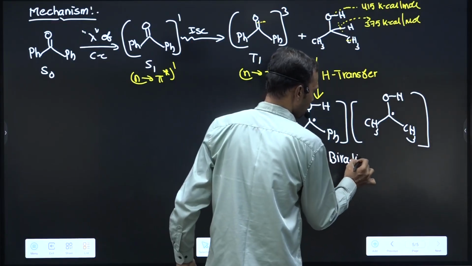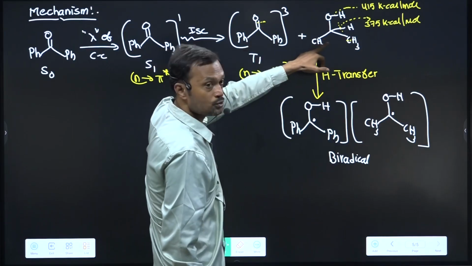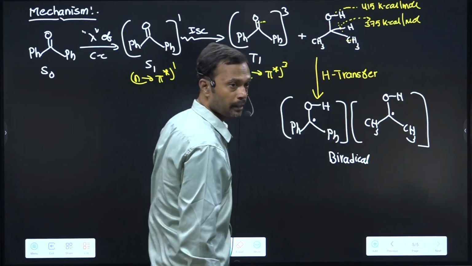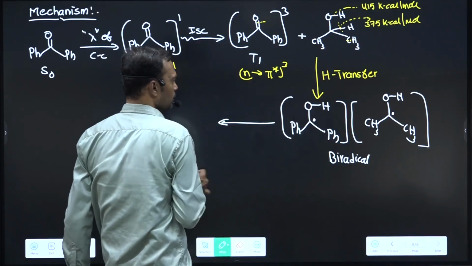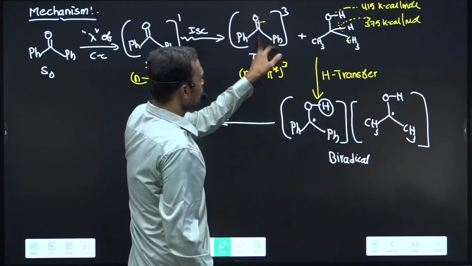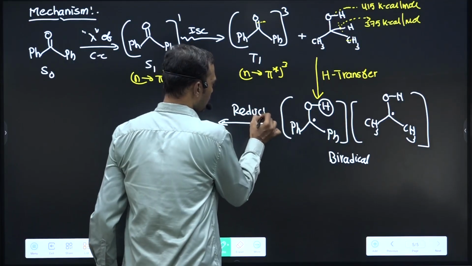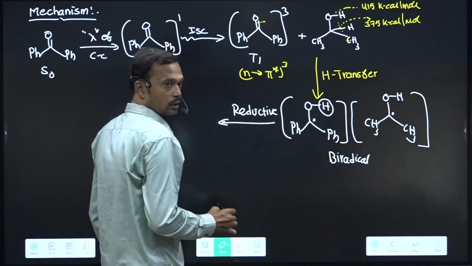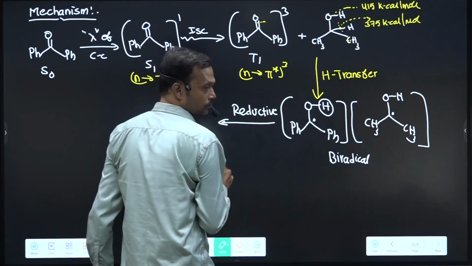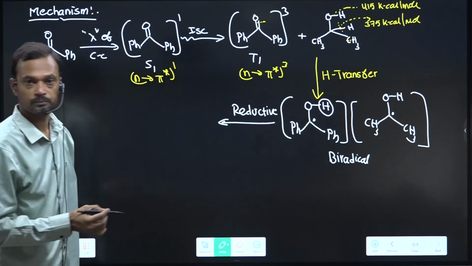See the statement. During hydrogen transfer, this is at the excited state, this is at the ground state. Intermediates are biradicals. Then what happens? See, this molecule is taking hydrogen. So this is called reductive dimerization, otherwise reductive coupling formation.